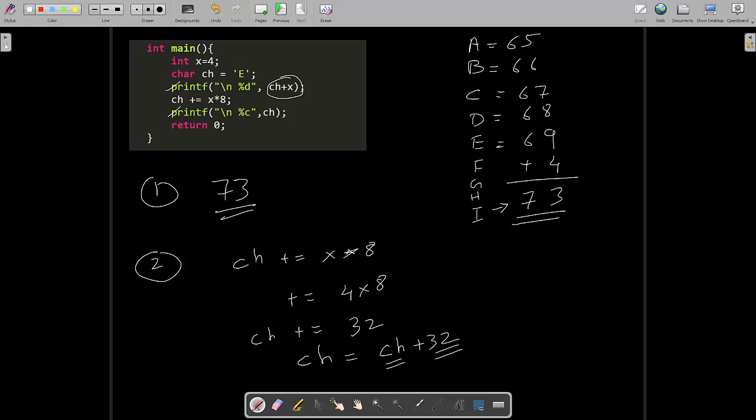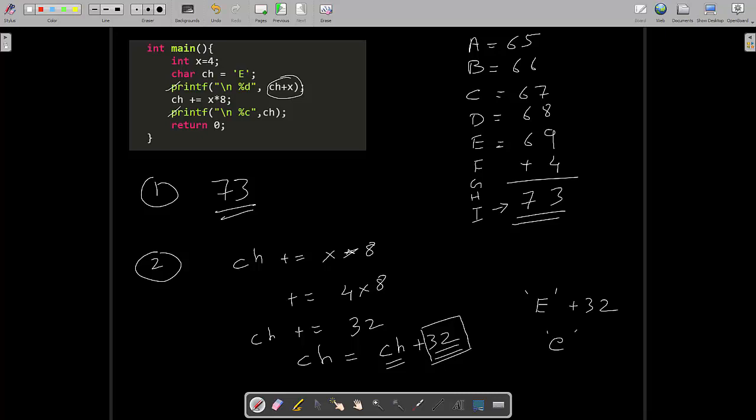If you remember, adding 32 to any uppercase character will convert it into a lowercase. Now if you look at the current value of ch, the ch value has not changed in the previous expression. We are adding the value of ch with x, but we are not storing it in ch, so the ch value is still E. So here we are adding E plus 32, that is nothing but small e.